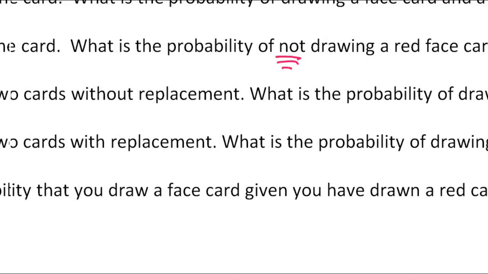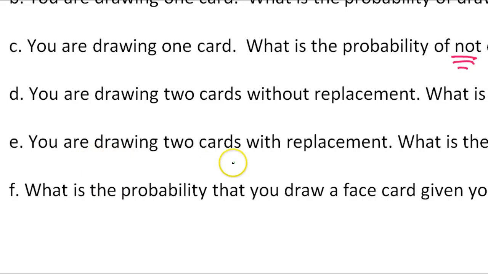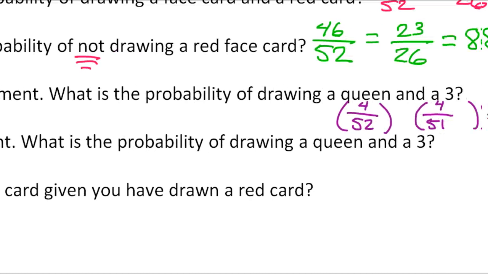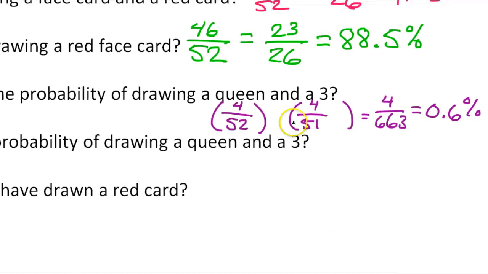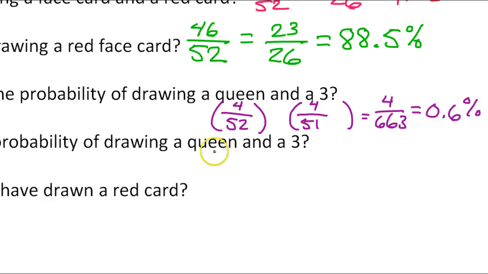Alright, so that was D. Now for E, you are drawing 2 cards with replacement this time. What's the probability of drawing a queen and a 3 now? Alright, so it's almost the same thing, but this time it says with replacement. So probability of drawing that queen is still 4 out of 52.